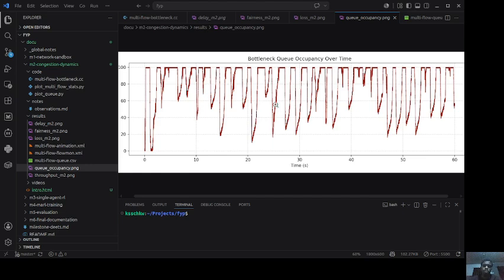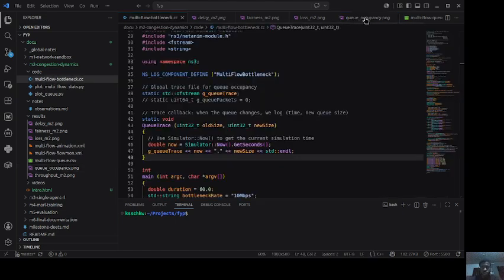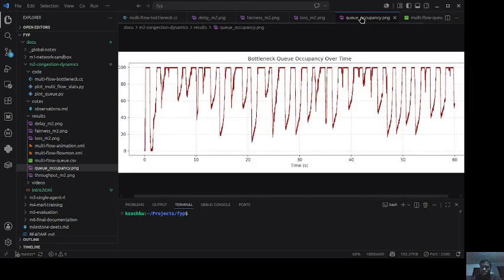The queue I configured here is just 100 packets, but the actual bandwidth delay product of this setup is only about 18 packets. That's how many packets can be in flight without causing a queue.